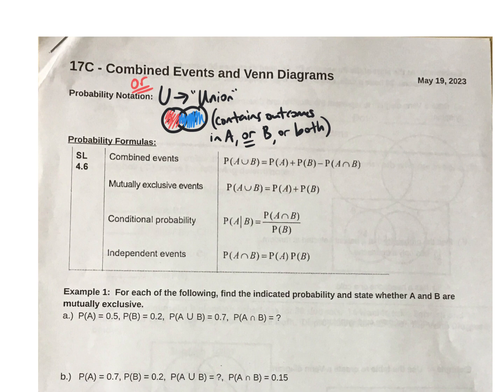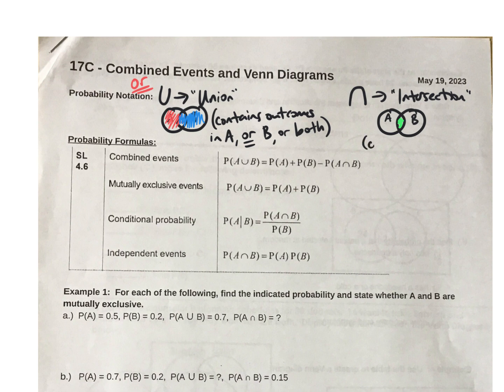Next, I want to talk about an upside down U that looks like this, and it's called the intersection of two events. Let's draw another little Venn diagram. Here's event A, here's event B. And the intersection is just the overlapping piece here.